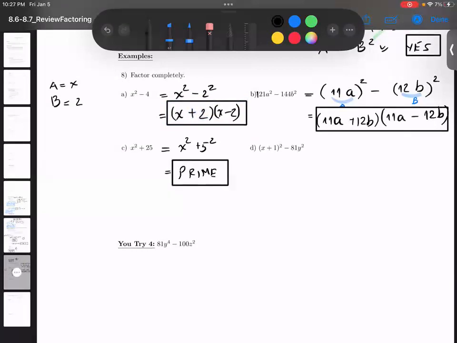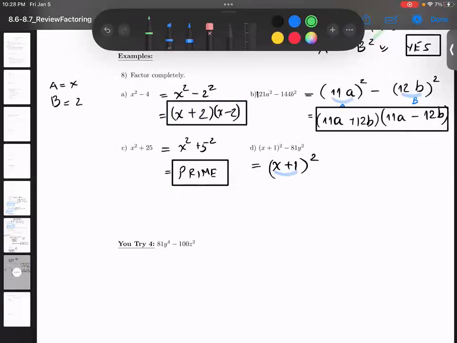This one. X plus 1 quantity squared minus 81y squared. Okay. So in this case, I have my a square. My big A is x plus 1. If you remember what I say, blob square minus another blob square. So here I have x plus 1 quantity squared.